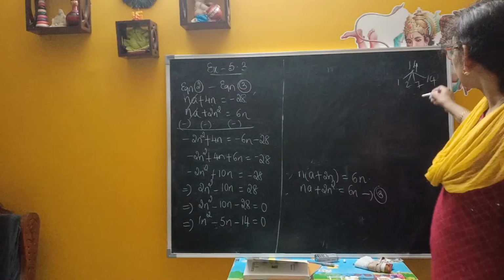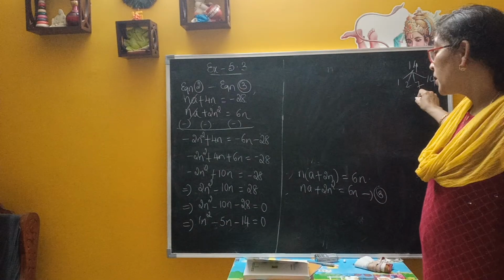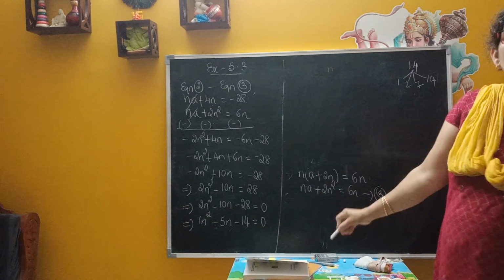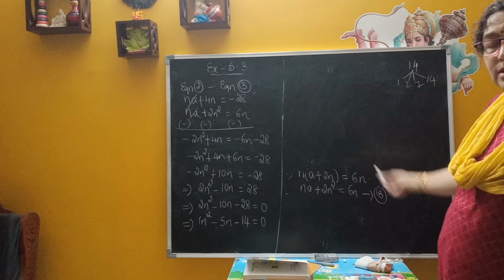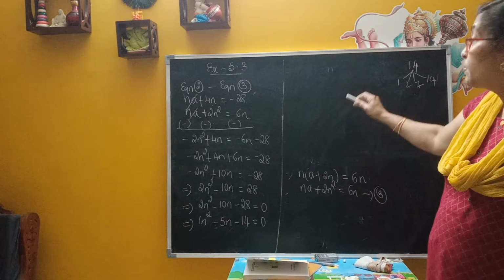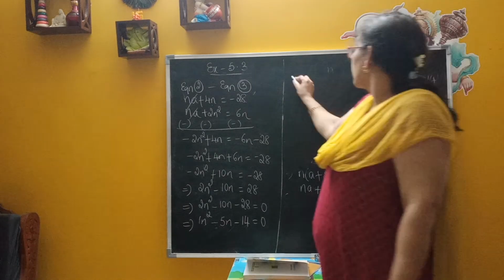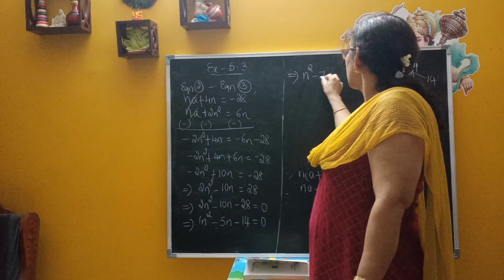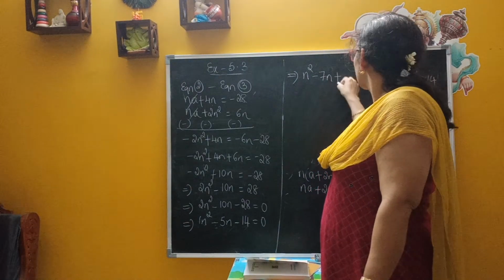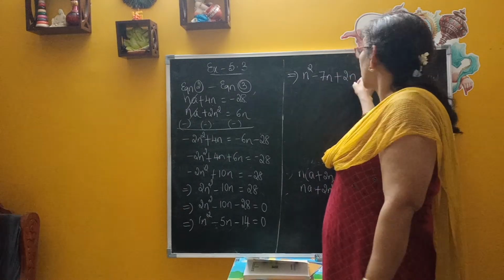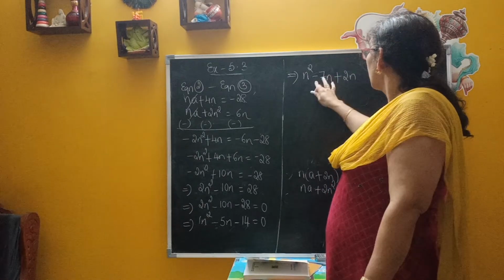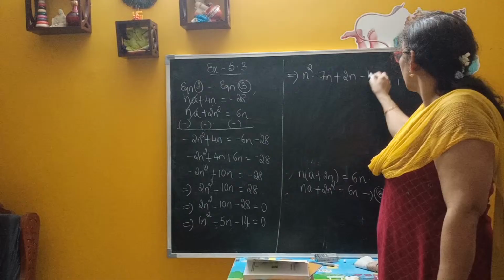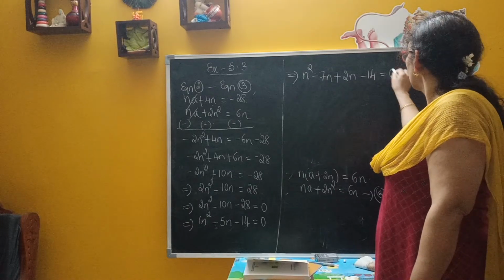So 7 2s are 14, and 7 minus 2 is 5. So let us take minus 7 plus 2. So this implies n square minus 7n plus 2n minus 14 is equal to 0.